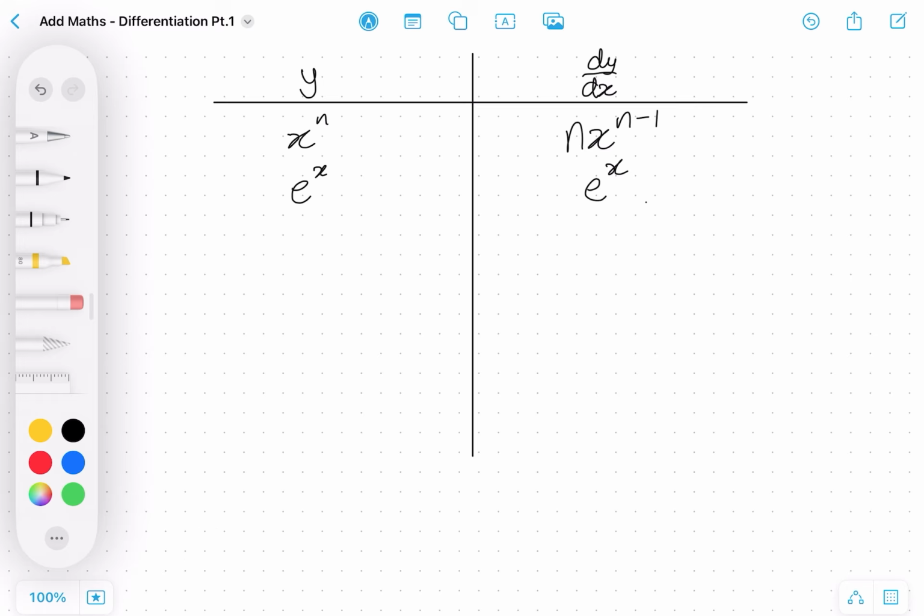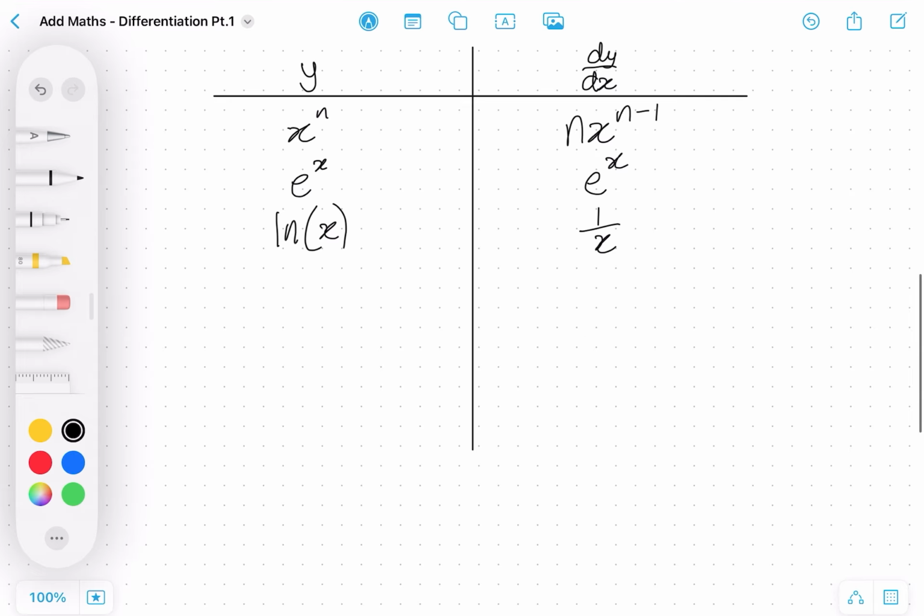If we have a function ln of x, the derivative is 1 over x. So those two are the inverses of each other, e^x and natural log of x.